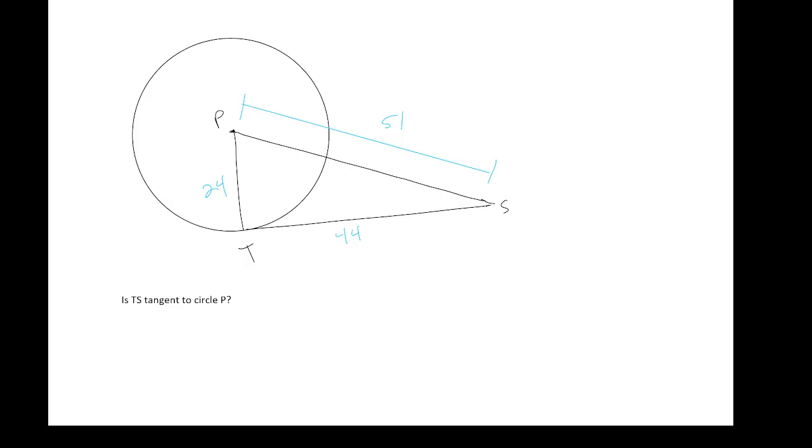So the Pythagorean theorem would apply. So let's apply the Pythagorean converse. In other words, let's test to see if 24 squared plus 44 squared is equal to 51 squared. If it is, then this angle right here is a right angle. If that's a right angle, then TS has a tangent relationship to this entire circle. That's the only way it can exist as a tangent, is that we have to have that being perpendicular.